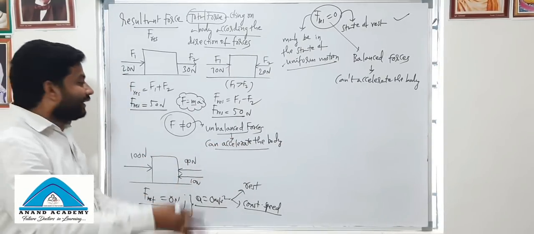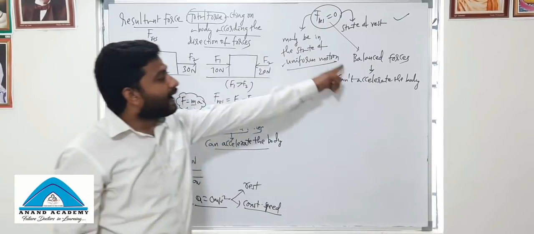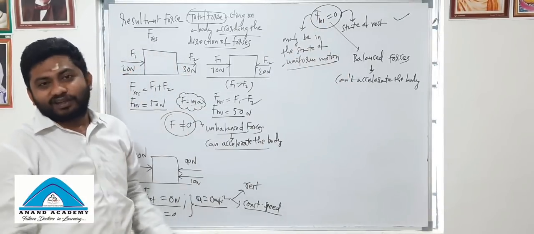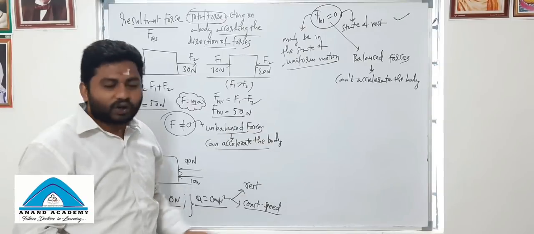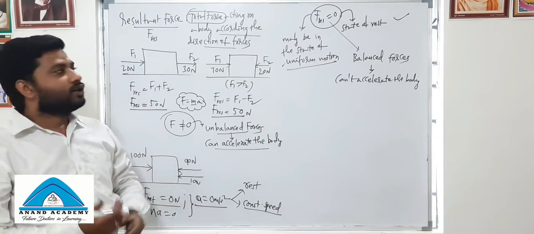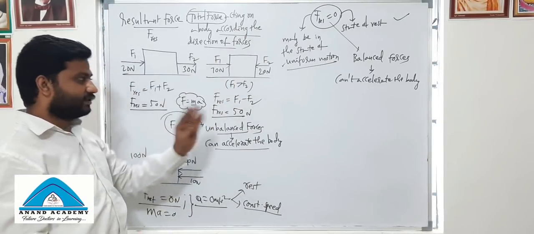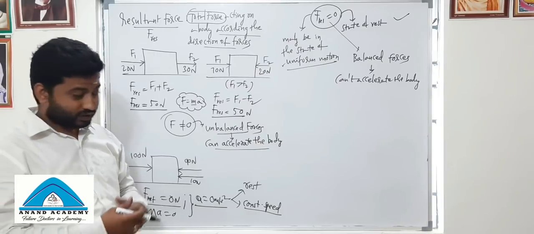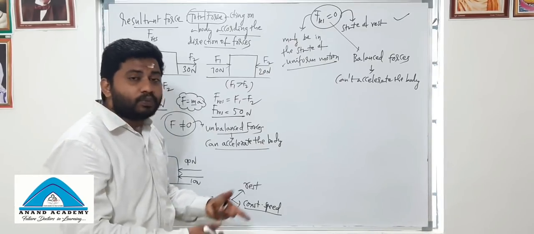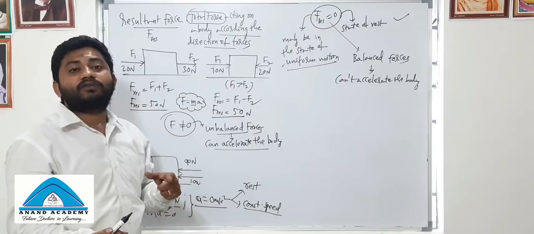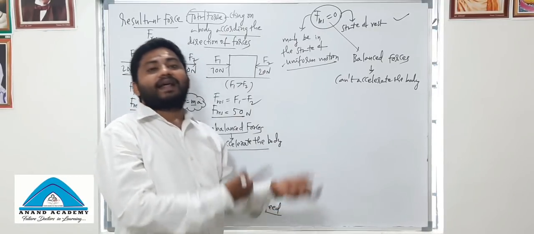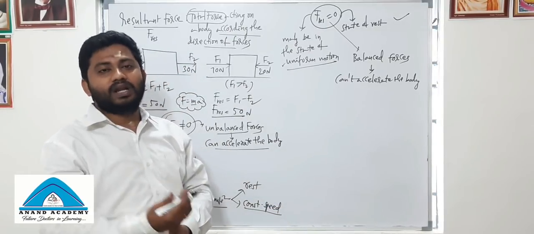Because to accelerate, there must be a force. But in balanced forces, the net force is 0. Understand? So the body cannot accelerate. Understand? So these are the cases of balanced forces and unbalanced forces. Now, the most important difference between balanced forces and unbalanced forces we are going to learn now.